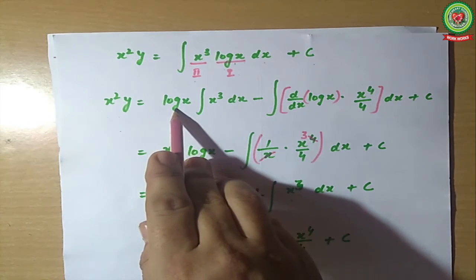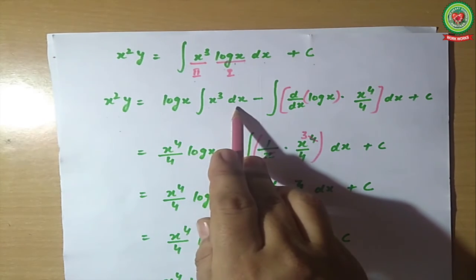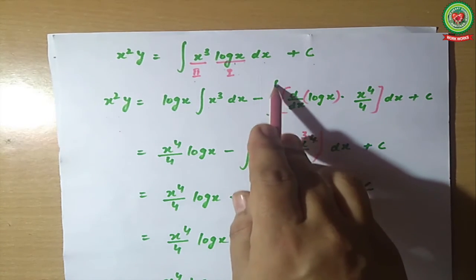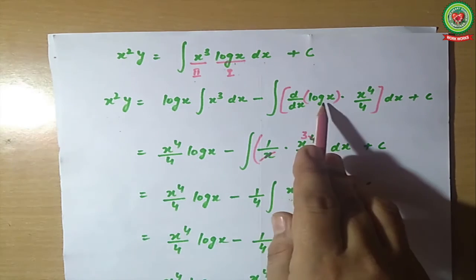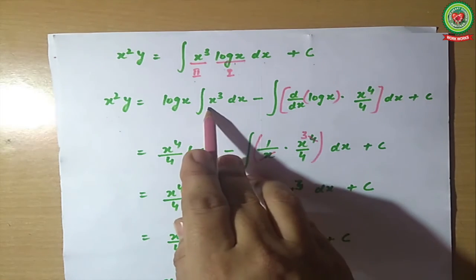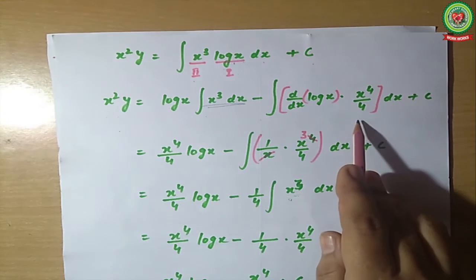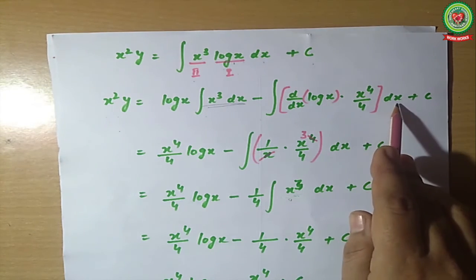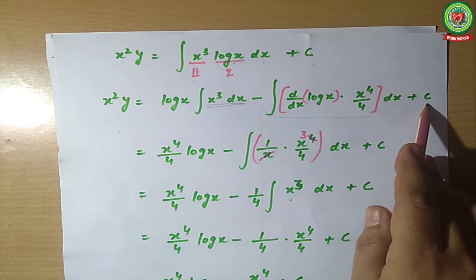Log x, first function as it is, integrating of the second function, x cube dx, minus integrating of differentiation of this function, log x, into its value there, integrating of x cube, that is x to the power 4 upon 4. We have to integrate this full value, plus c as it is there.